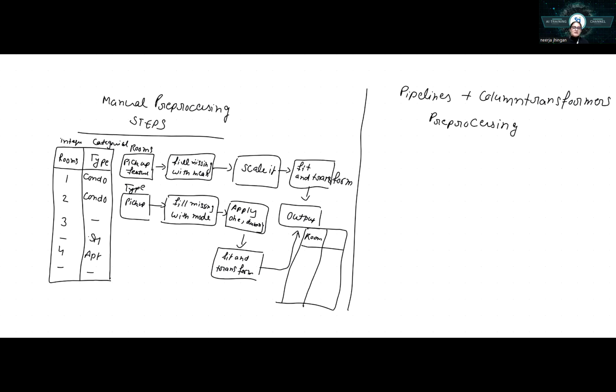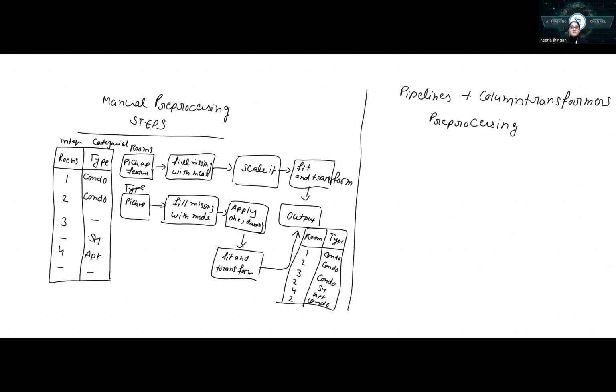I'm just assuming a random number: 1, 2, 3, 2, 4, 2. So it will fill this one. And when you are using the most frequent, condo is coming most of the time instead of single home or apartment. So when you apply the mode method, it will fill the missing value with condo. That's it. Okay. But these are all the steps you have to follow one by one manually.